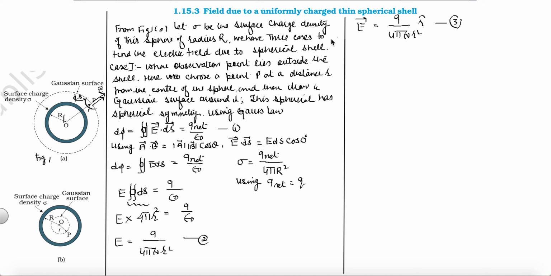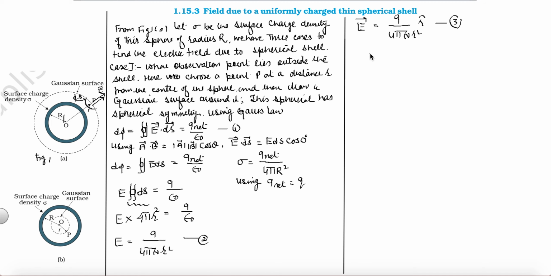So this is the electric field outside the spherical shell, if the observation point lies outside the shell at point P, as shown in figure number 1a. I would like to make a few remarks.